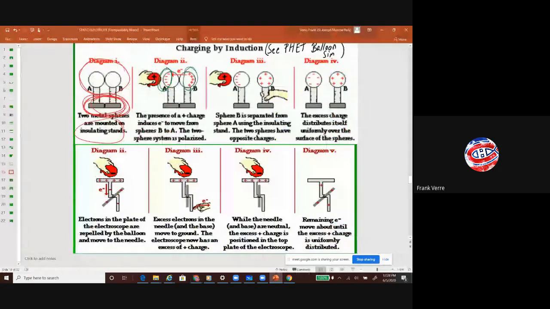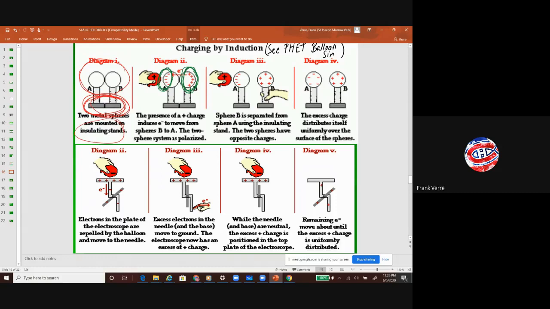Now, if I then move the metal spheres apart, because the charge is imbalanced, because the sphere on the left has an accumulation of negative charge, and the sphere on the right, which is called B, has less negative charge, so it's positively charged. When I separate them, then what happens is they're charged. Okay?